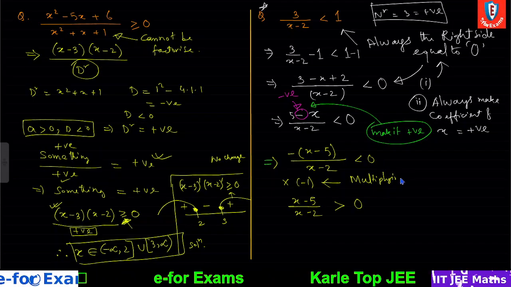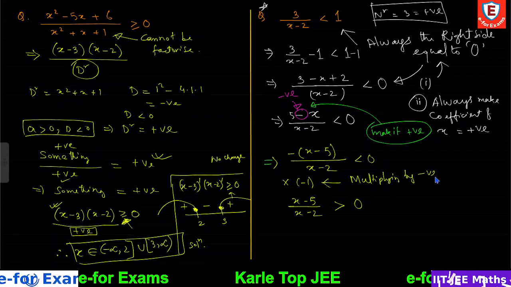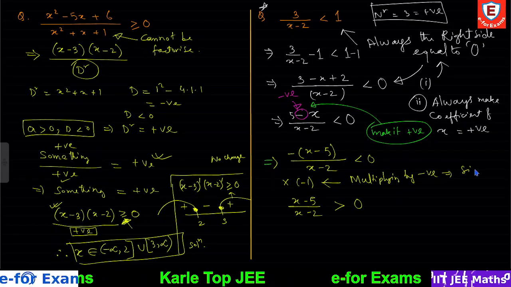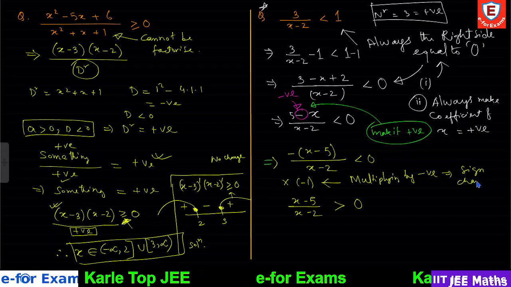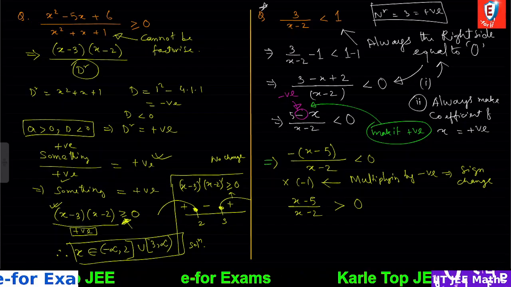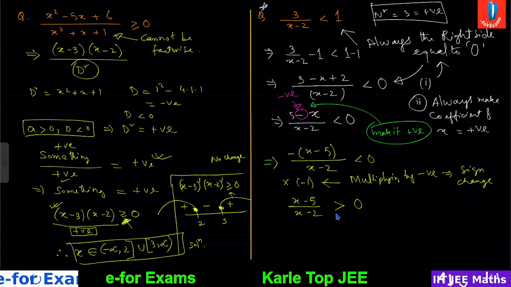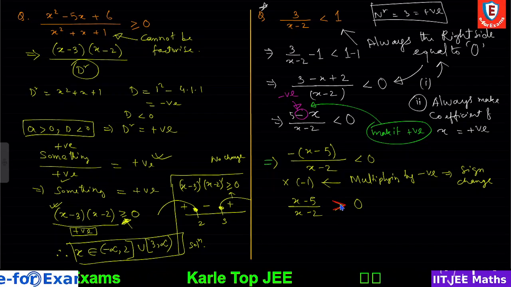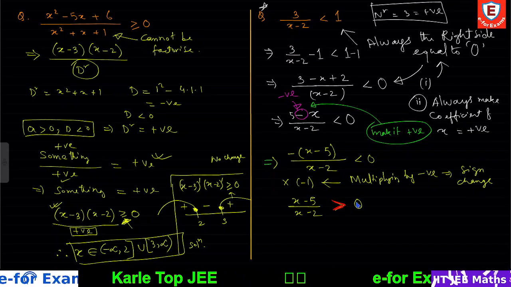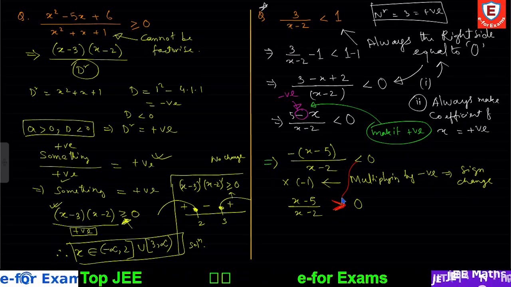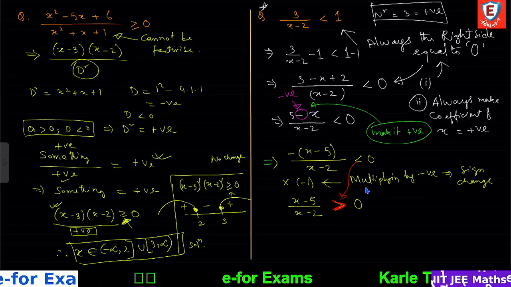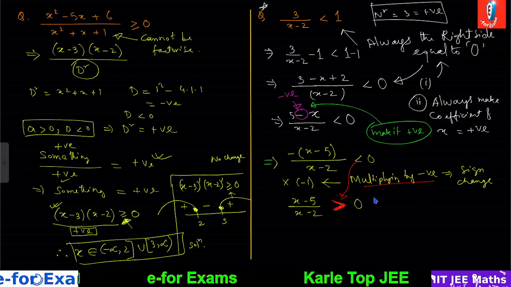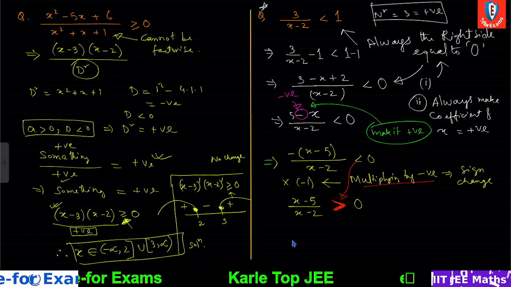Multiplying by negative means sign change. So sign changed.